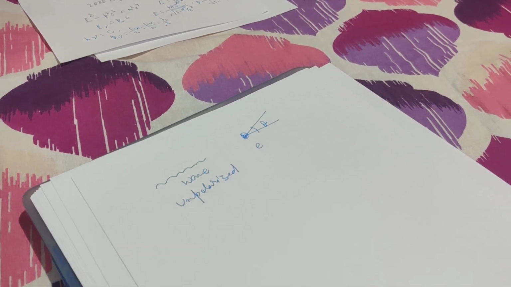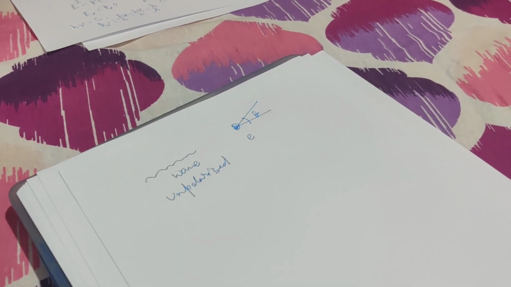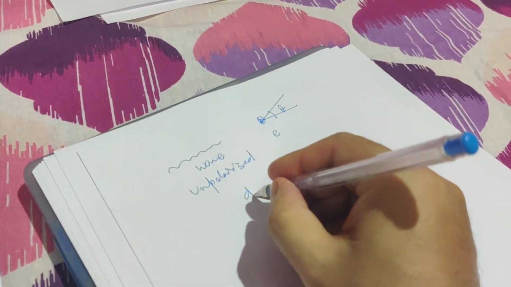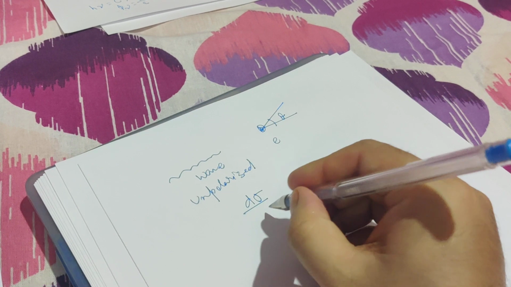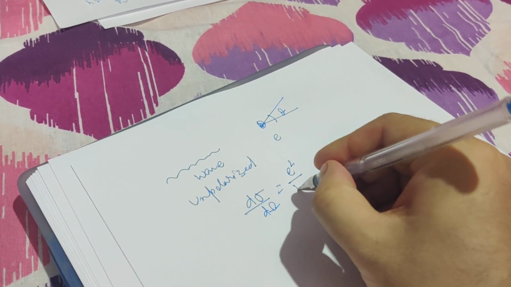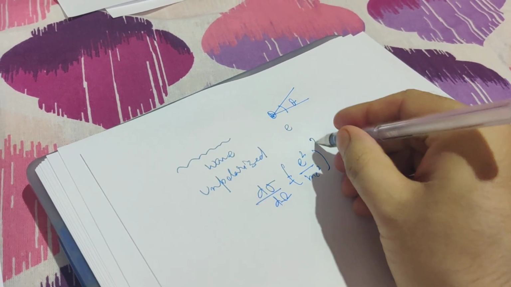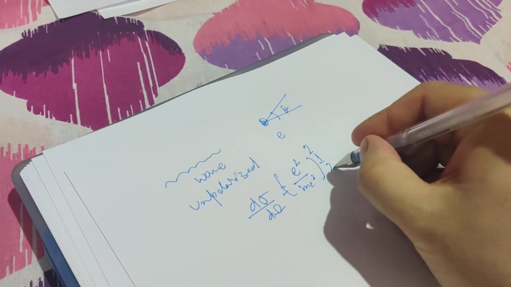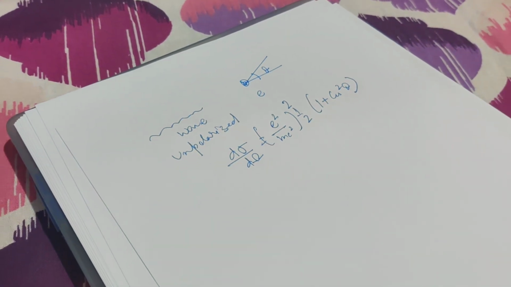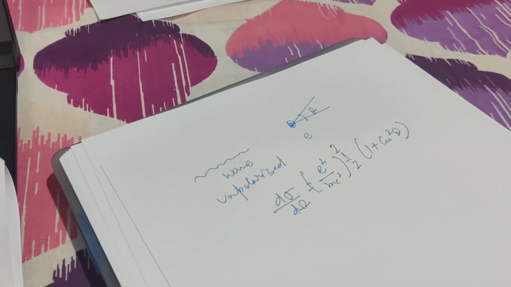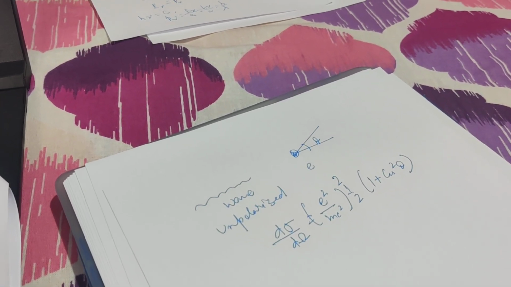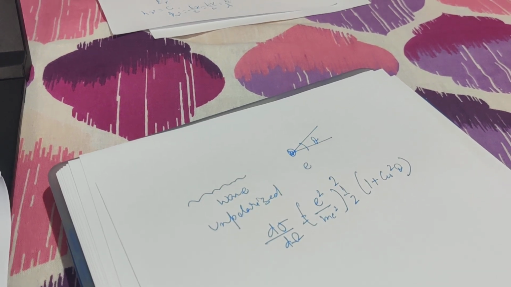So in classical Thomson scattering, the differential scattering cross section is d sigma upon d omega equal to e square upon m c square, whole square, times half of 1 plus cos square theta, where theta is the angle between the incident and the scattered wave, and the radiated energy is at the same frequency as the incoming light.